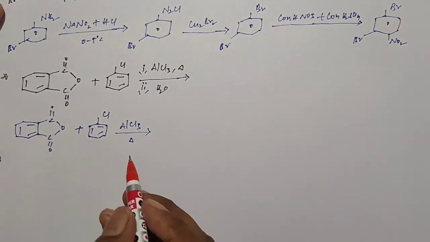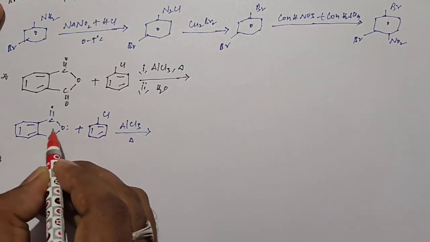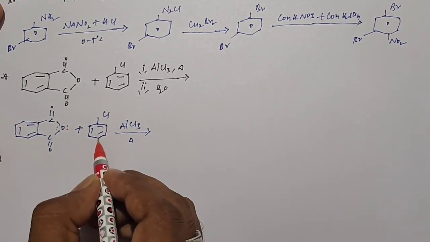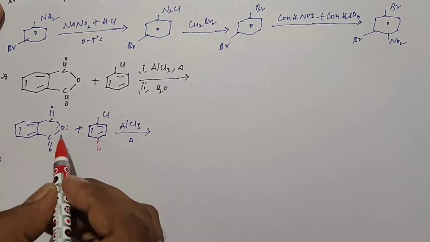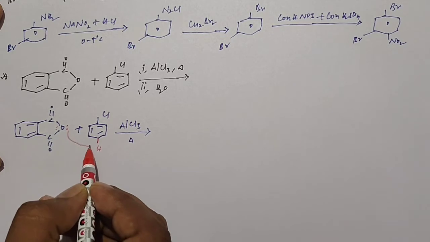Okay, when these two compounds react together in presence of anhydrous AlCl3, actually at this carbon we have two lone pairs of electrons, and I take one hydrogen at this carbon. At that time, oxygen has two lone pairs of electrons. One of the lone pairs can be donated toward the hydrogen.